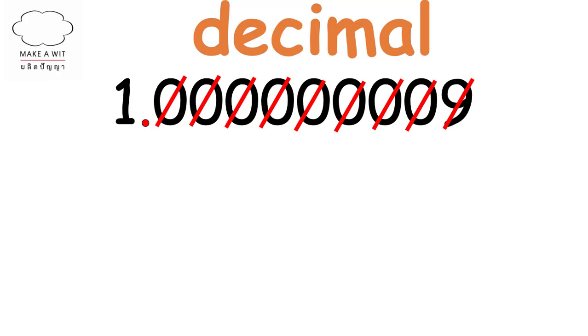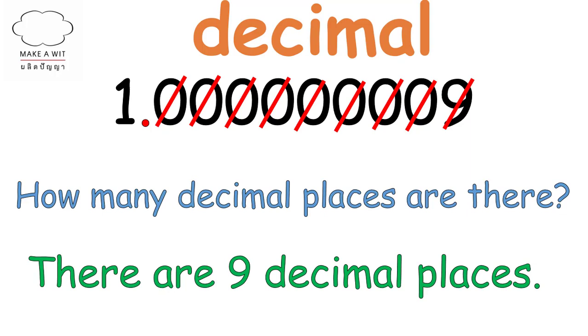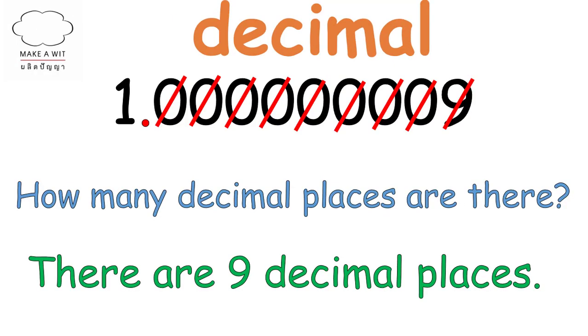There are 8 zeros and a 9. Okay, so I want to ask, how many decimal places are there? There are 9 decimal places. Very good. Who doesn't understand? Show me your hand. Everybody understands.